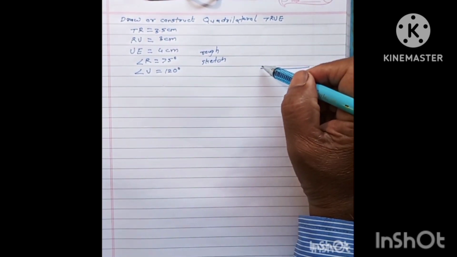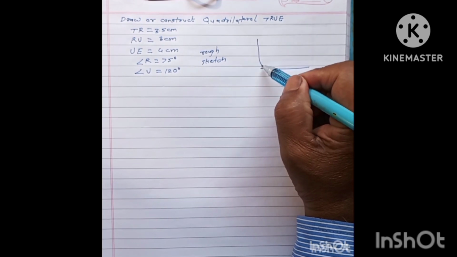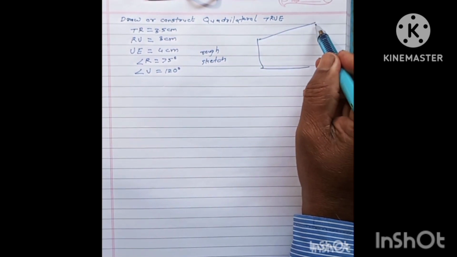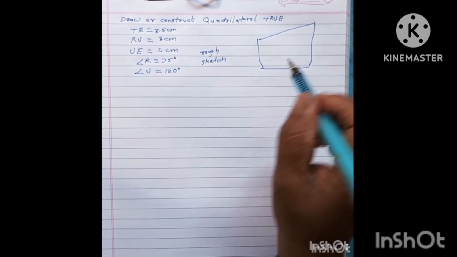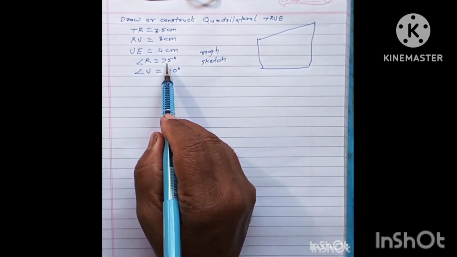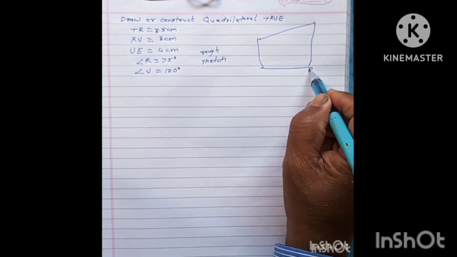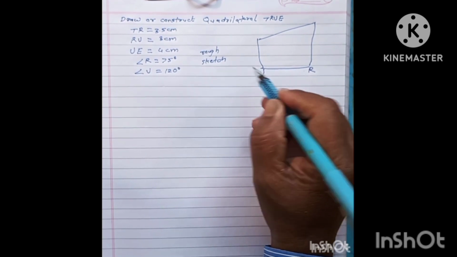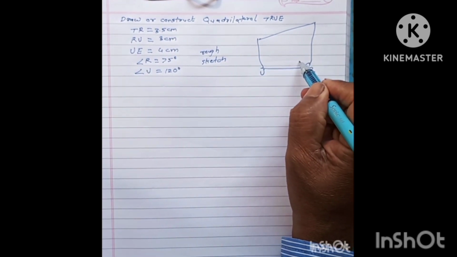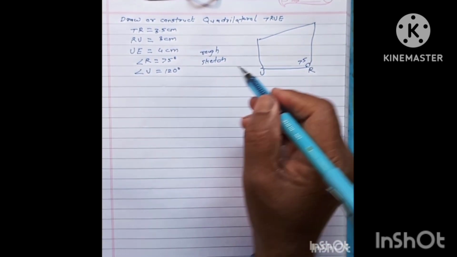Remember that I told you to take the angles on the bottom line. So select any one as U and any other vertex as R. I am selecting this as R, this is U, and this is 75, and that is U is 120.